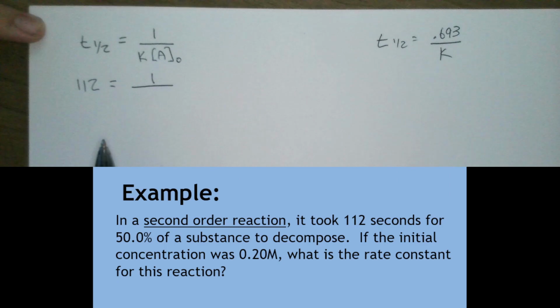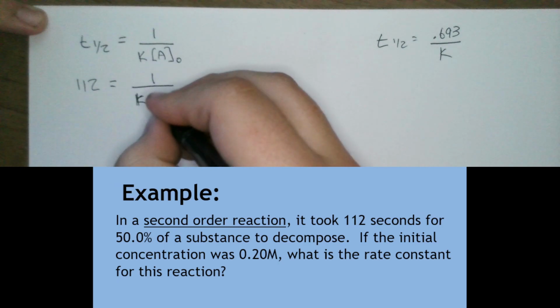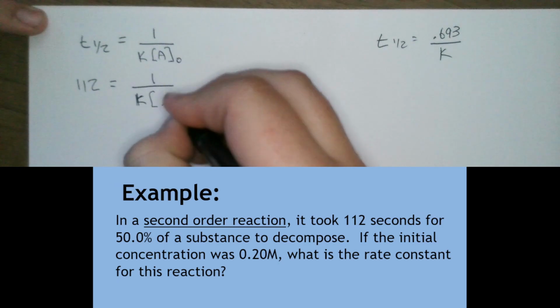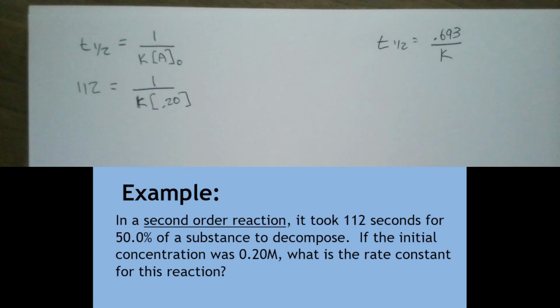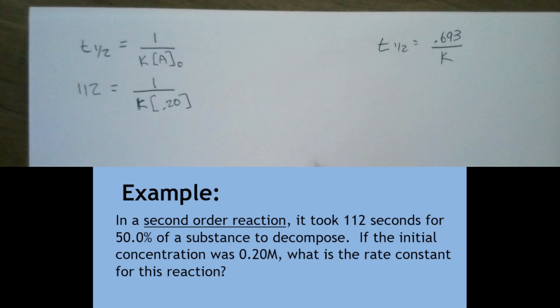Okay. If the initial concentration was 0.2, what's the rate constant? So I'm looking for K, the rate constant. My initial concentration was 0.20 molar. I'm just going to solve this for K. Okay.